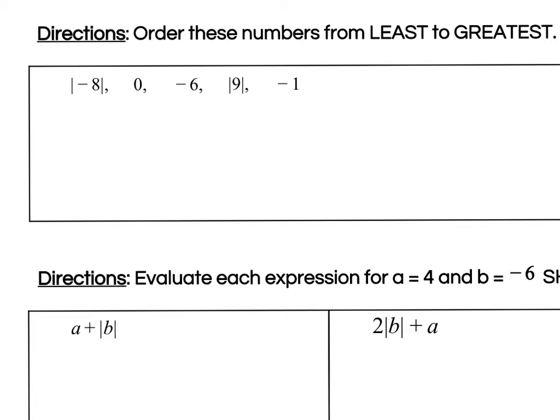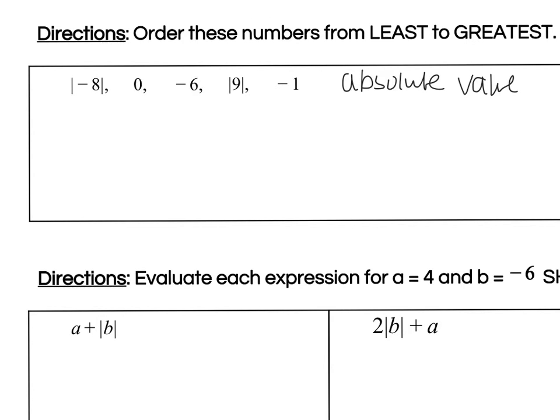Next on the list, we have order these numbers from least to greatest. Well, we have these interesting lines right in here. As you recall, those lines are called absolute value. It is asking you how far are they from 0.